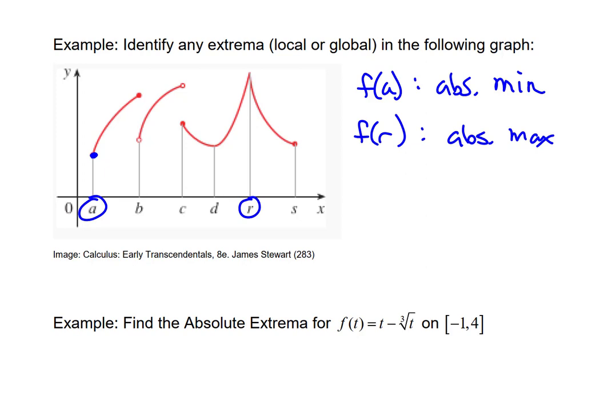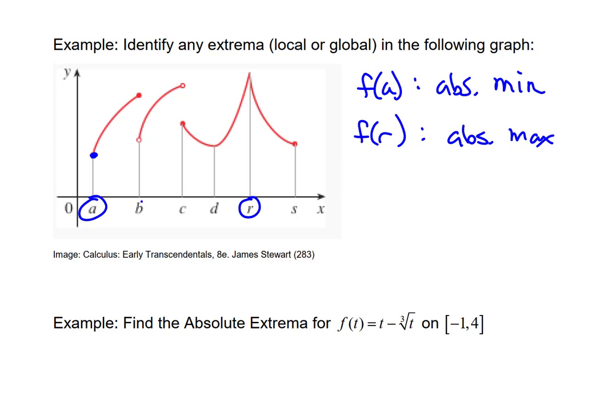You may look at the absolute min, and we already said that's f of a, but recall the definition we used for our local or relative min: it could not occur on the boundary of a domain like this or a closed interval, because you can't actually put an open interval around a. It's a closed boundary with a solid dot, which means there's nothing to the left of it. So it doesn't quite fit that definition. We've already used f of a as the absolute min. Let's just consider some other options here.